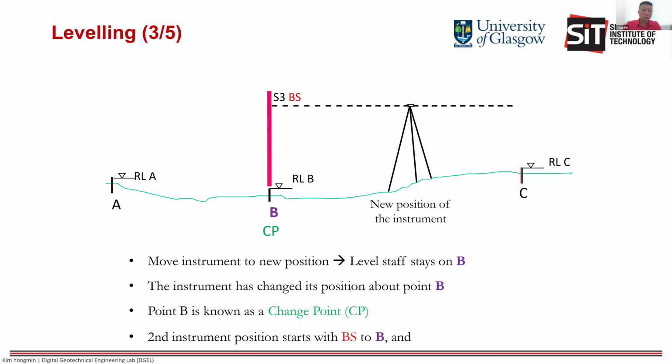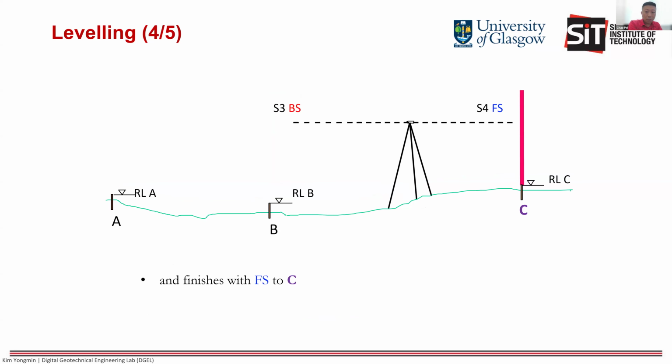So after you change the position of your level, always point to the change point and get your backsight reading. Then after that, you shift your staff to point C, then get your foresight reading on the staff. So then you can get the final level of point C.